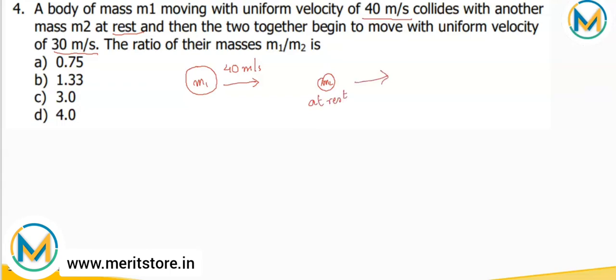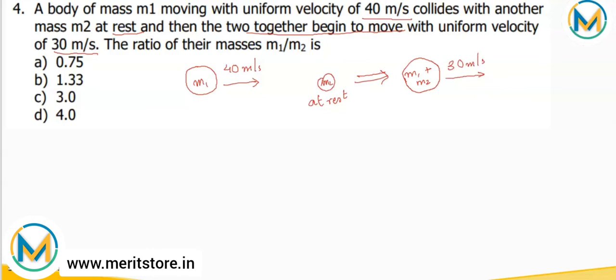Further, they combine together and make a new body because they move together, with uniform velocity. So this body has mass m1 plus m2, and it is moving with a uniform velocity of 30 meter per second.